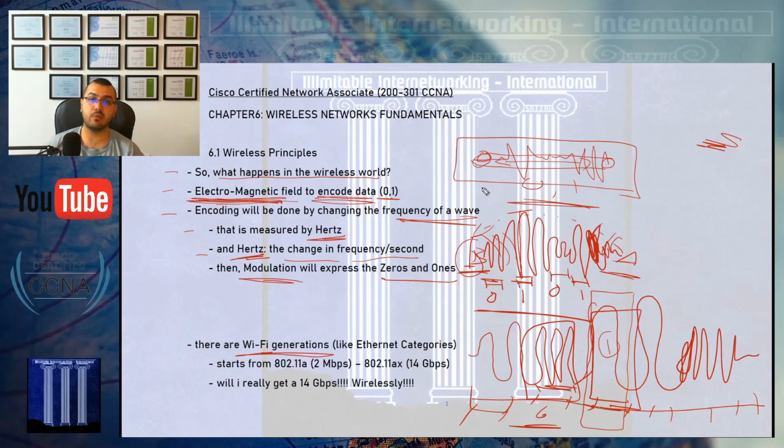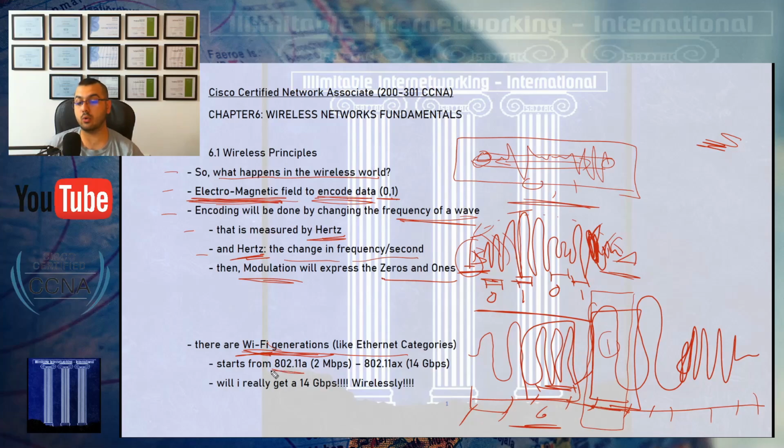Like cables before, Ethernet or copper cables had generations like category 1, cat 1, 2, 3, 4, 5, and cat 6, which, alongside cat 5e, carries 1000 megabit per second. There are Wi-Fi generations just like the Ethernet categories. Those generations have a code, like cat 1, cat 2.